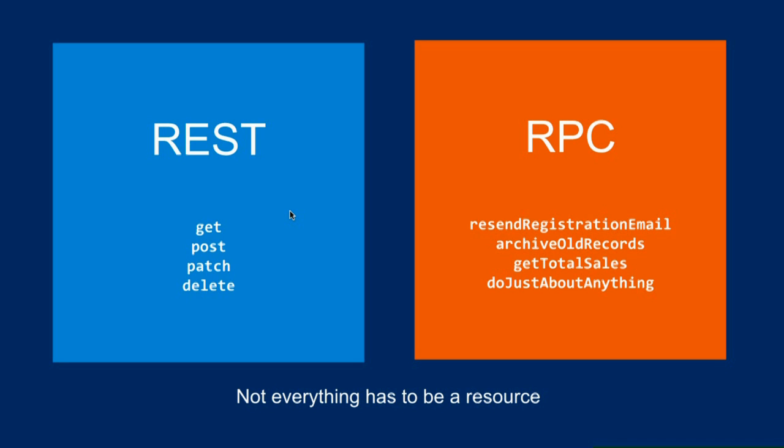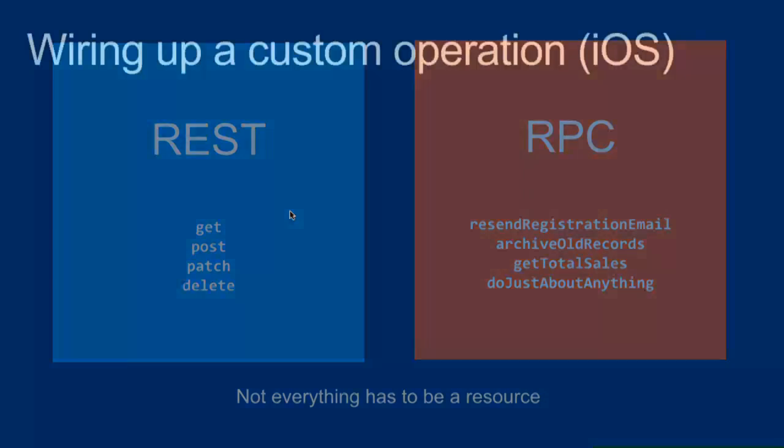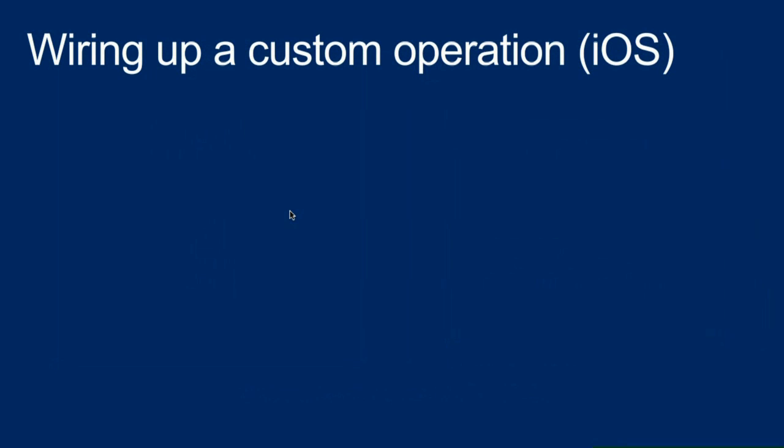So let's have a go at implementing an endpoint call for the remote procedure call style. And remember, what we want to do is a mark all as completed. Now, I'm going to do this in the iOS application, and there are a few steps that we need to go through. So here's a little bit of tutorial about doing iOS development.